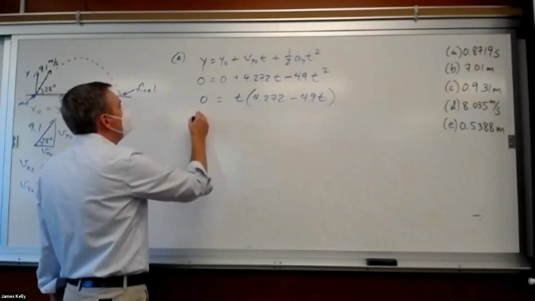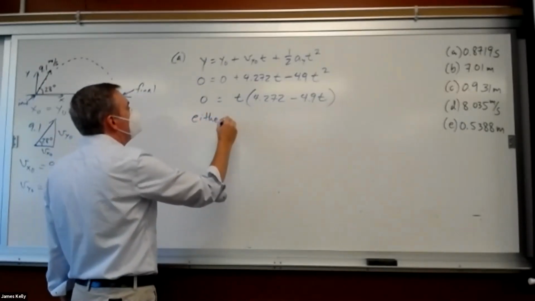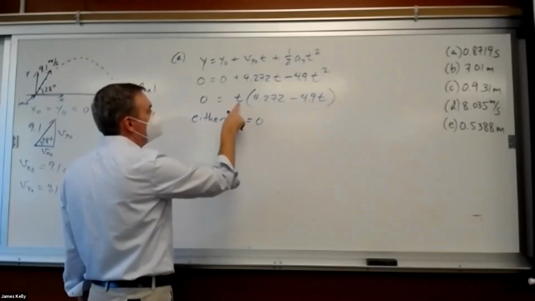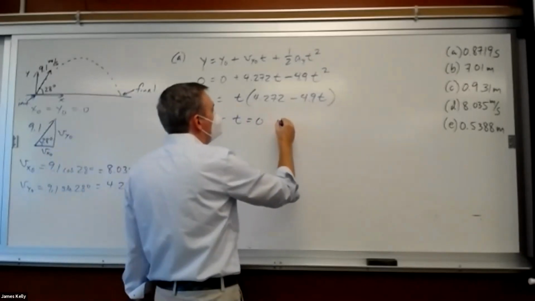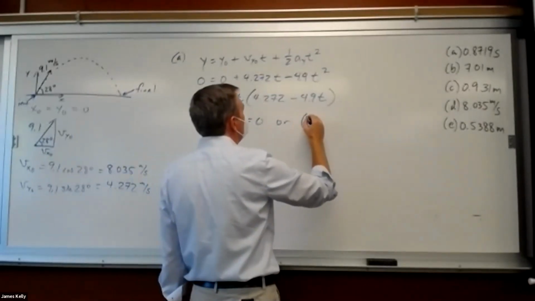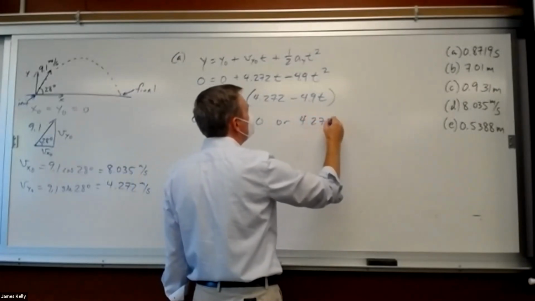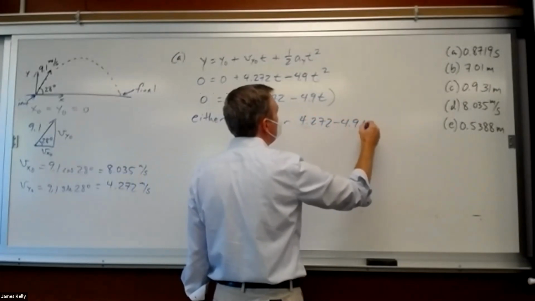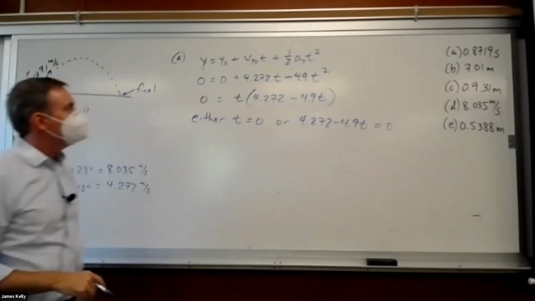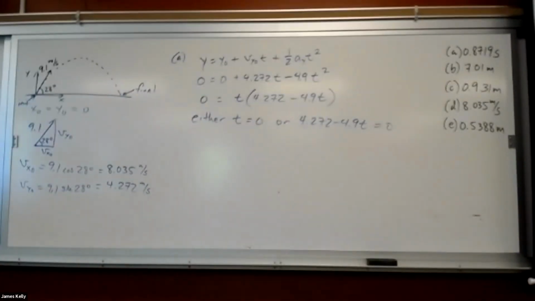So that means at this point I can conclude that either the first factor is 0, t is 0, or the second factor is 0, which is 4.272 minus 4.9 t equals 0. Either the first factor is 0 or the second factor is 0.